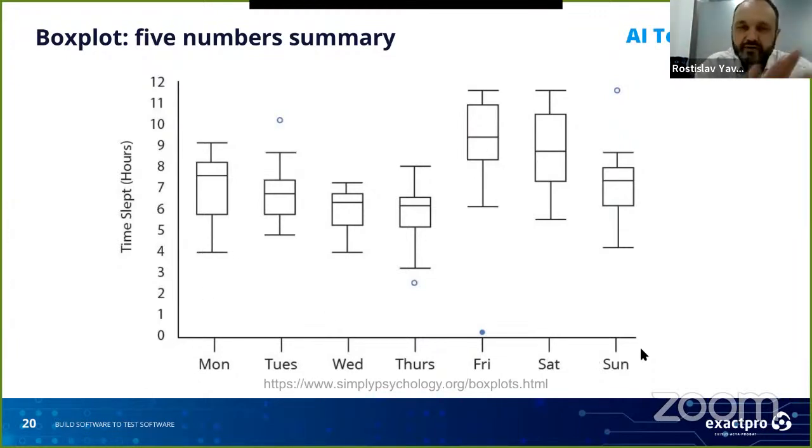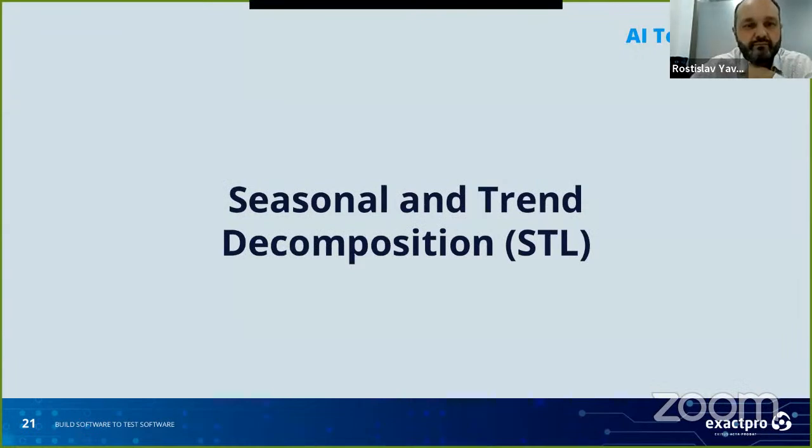You put them on just one screen, and you have a good understanding of what's going on with this parameter. Again, this is a visualization of just one single parameter, time slept in hours. But anyway, this is quite useful and very informative.